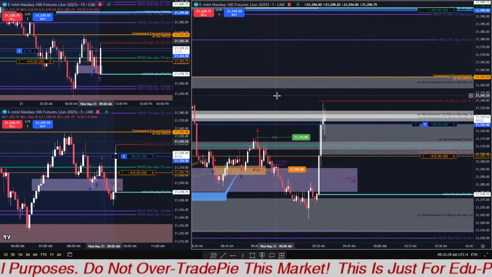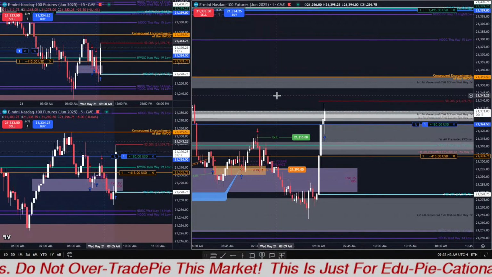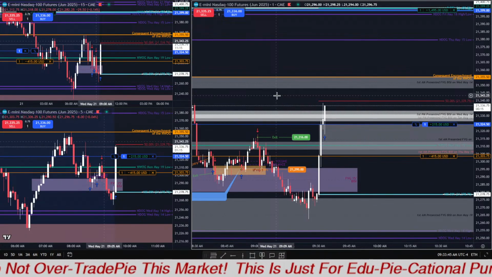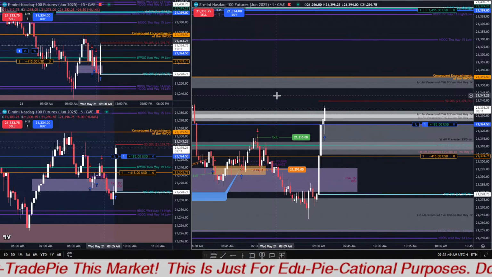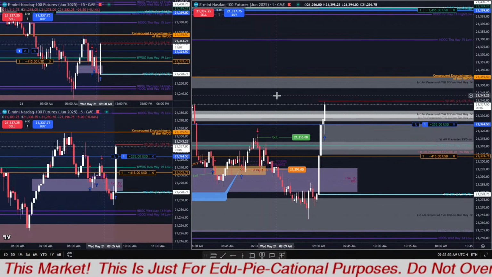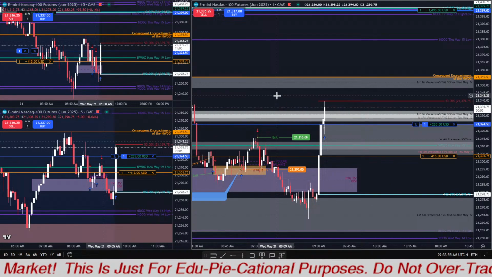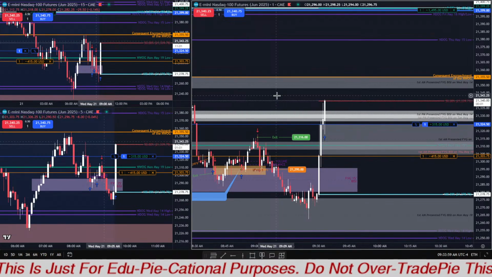It was pretty quick for this session, the creation of the first presented fair value gap. This shows a little strength in the market that it is going to be bullish. And yeah, now we are in the position. So far so good.